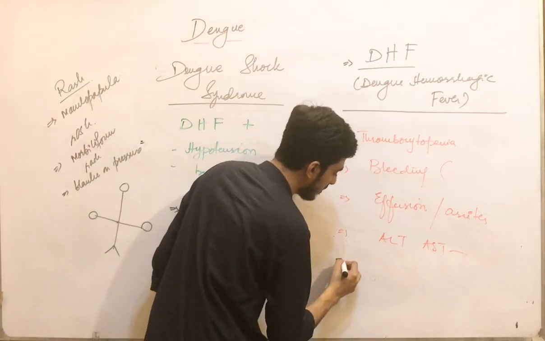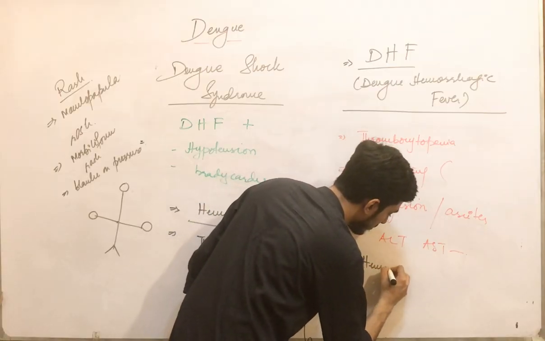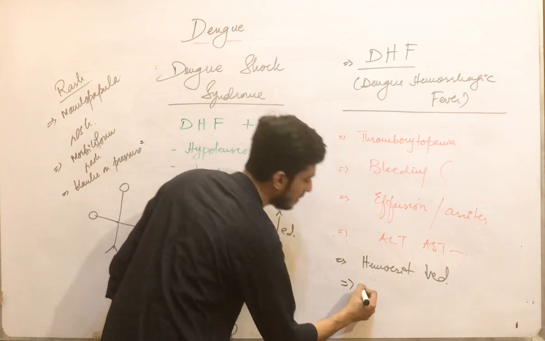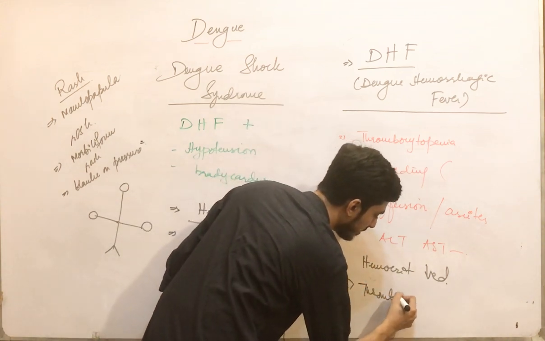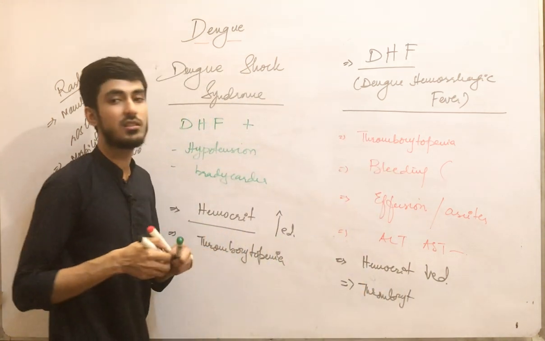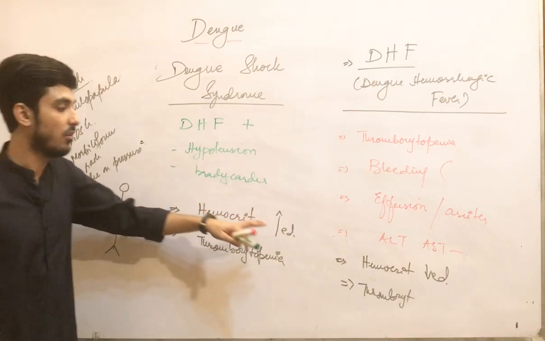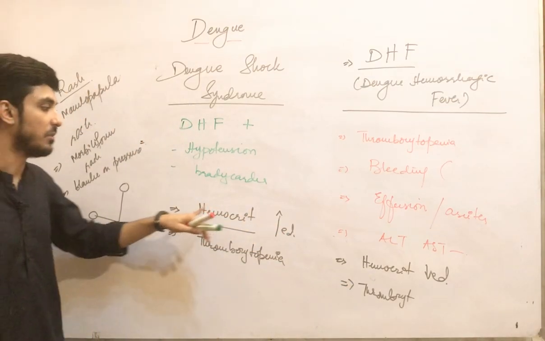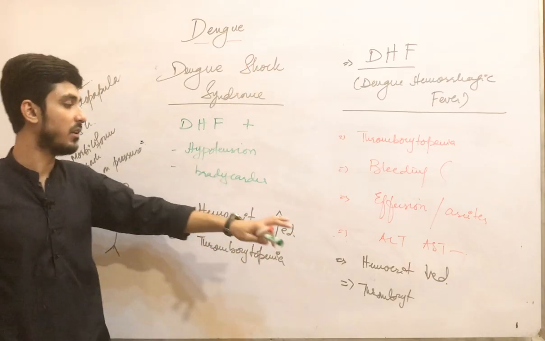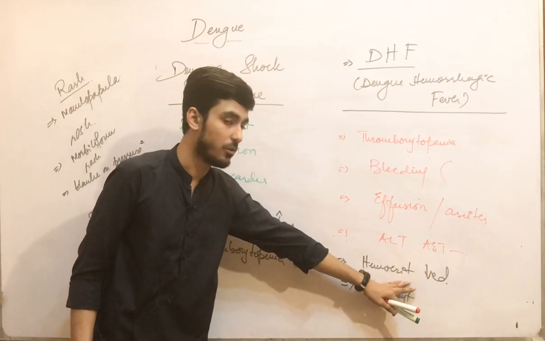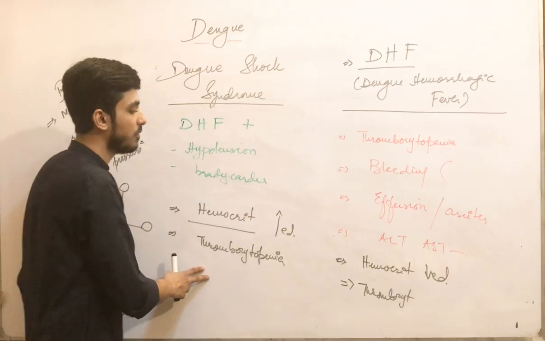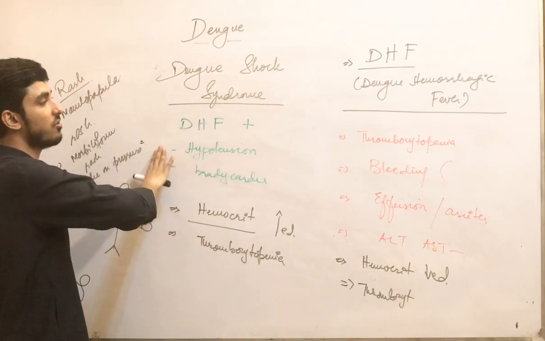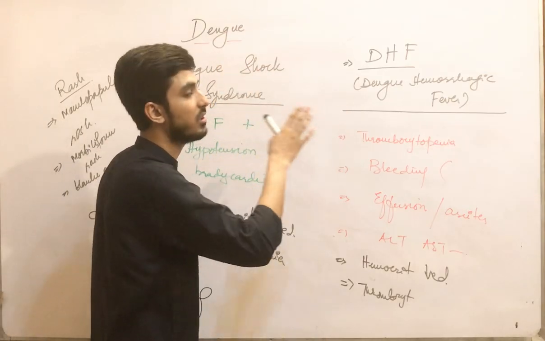In the dengue hemorrhagic fever, the hematocrit will be decreased, obviously along with thrombocytopenia. So this is the very differential point on the basis of the CBC, that the hematocrit will be increased in the dengue shock syndrome, and in dengue hemorrhagic fever the hematocrit will be decreased, while both will be having thrombocytopenia.